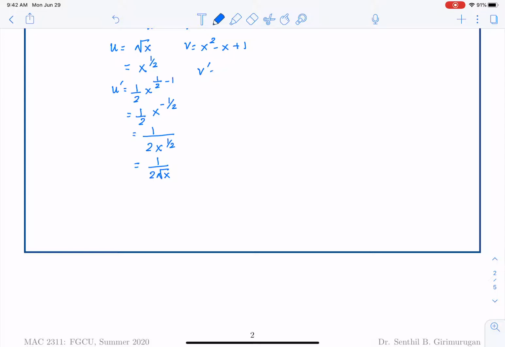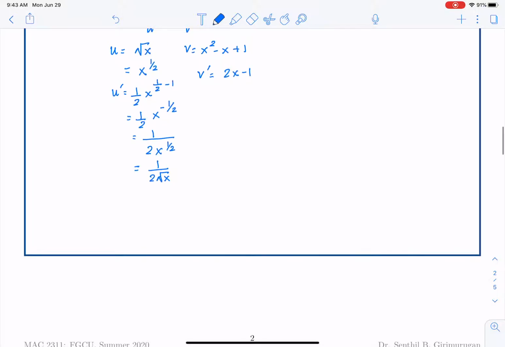v prime is the derivative of x squared, which is 2x. Derivative of negative x is negative 1. Derivative of 1 is 0. So f prime of x is u v prime plus v u prime.